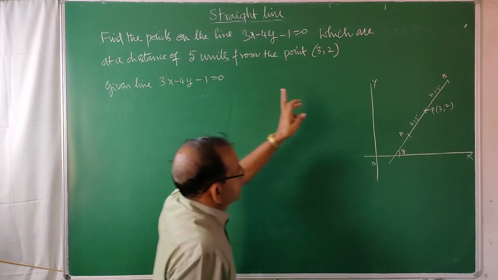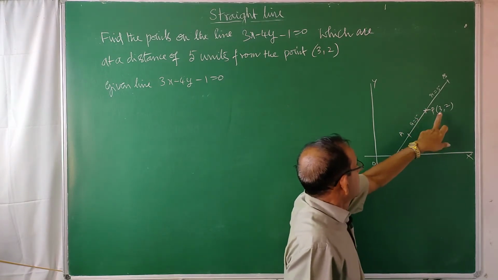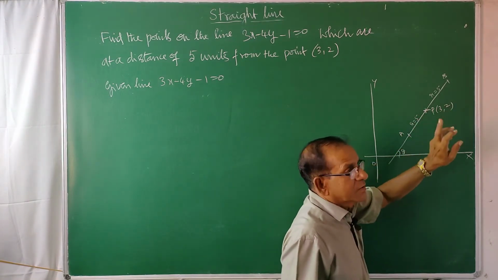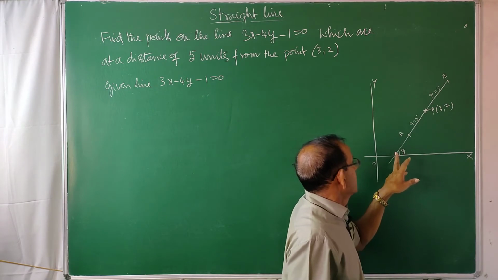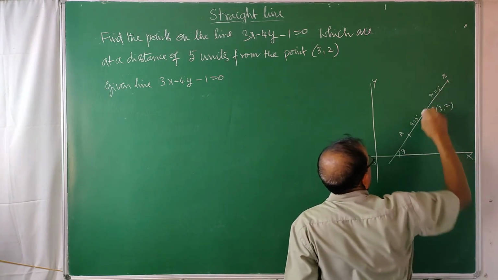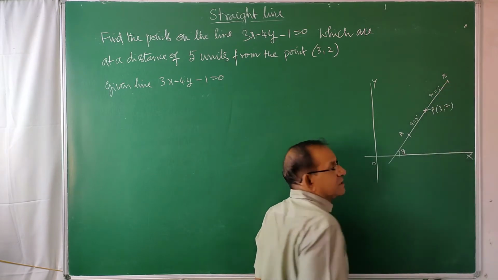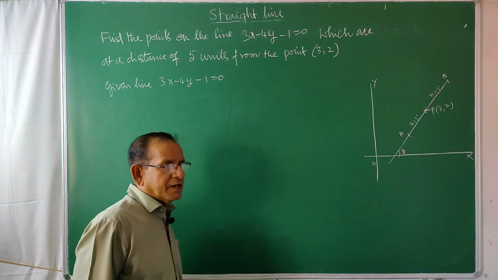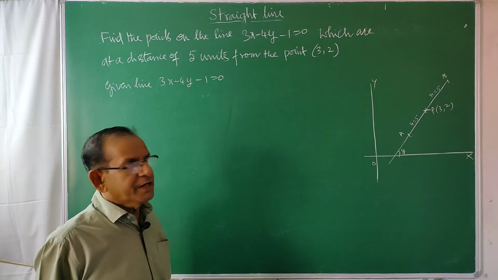Here a straight line is given and it is passing through the point (3, 2), and we have to find out another points A and B which are at a distance of 5 units from that point on that line. How to find out A and B?